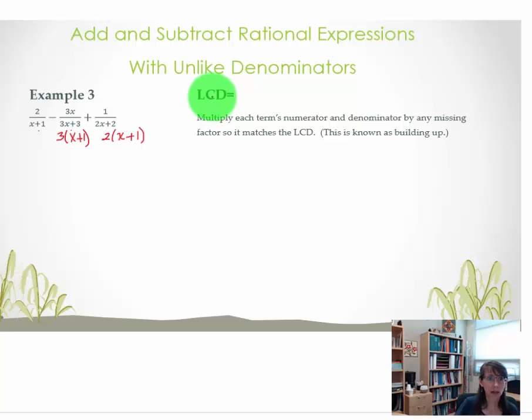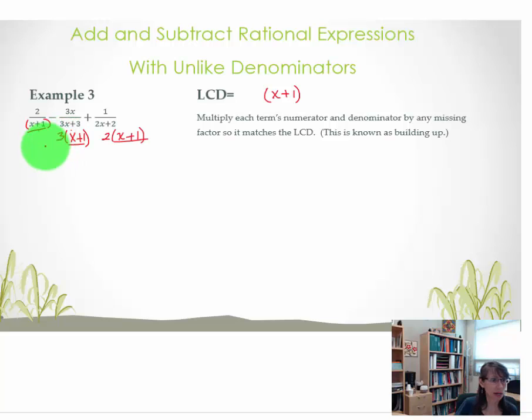So to create our lowest common denominator, we're looking for unique factors. So I know that this quantity of x plus 1 is part of the LCD. Do you notice how that is found in every one of these denominators? And it's written exactly the same way each time. All of those quantities are written to power of 1.